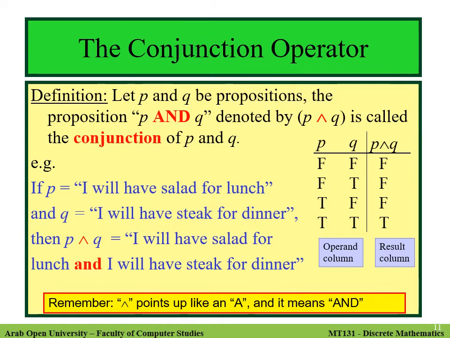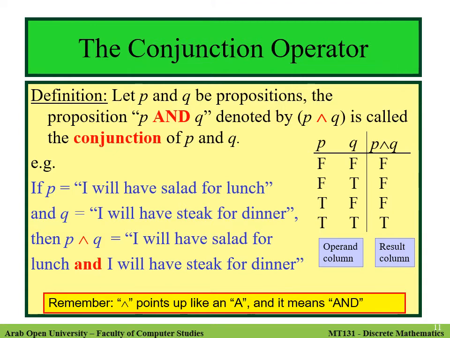Here are the four possibilities. Both are false, FF, or P is false and Q is true, or P is true and Q is false, or P is true and Q is true. These are all the possibilities for the truth values of P and Q.